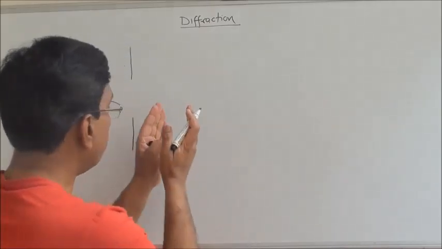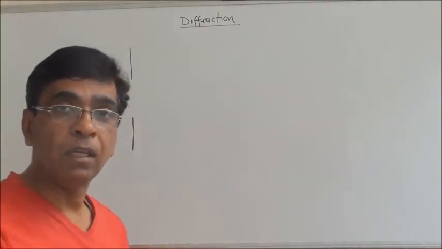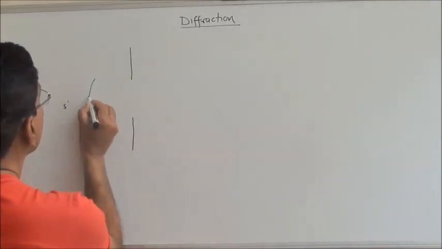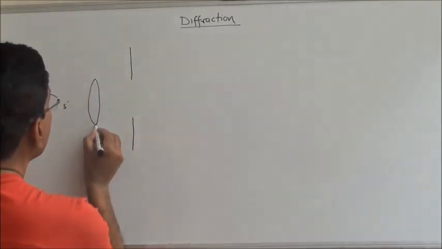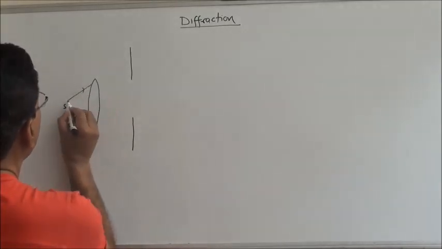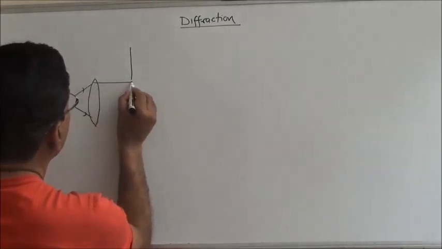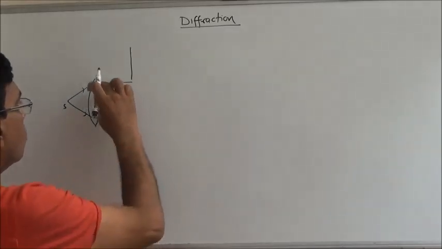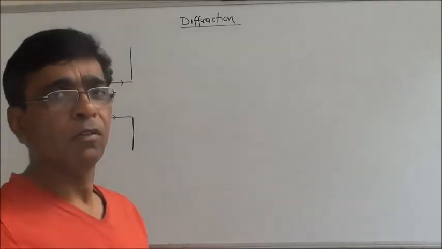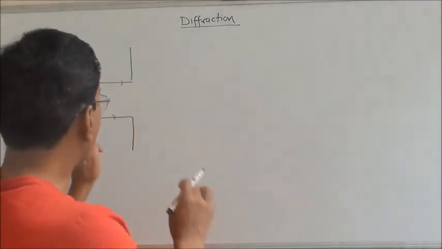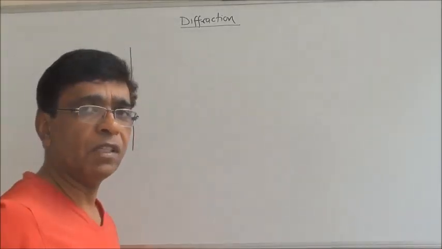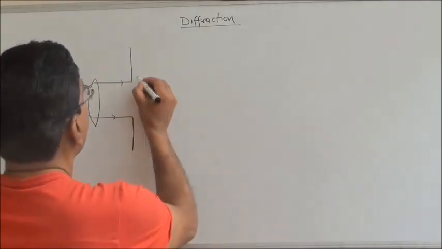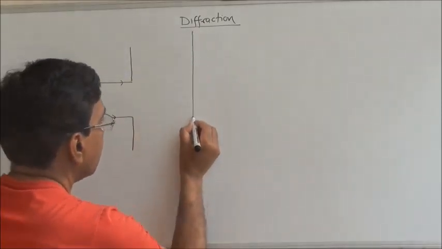First let me explain what I mean by diffraction pattern. If I keep S at the focus, the light rays will be parallel. The purpose of this is so that I deal with a plane wavefront. If I take a point source, there will be a spherical wavefront. Diffraction will be observed in both cases.